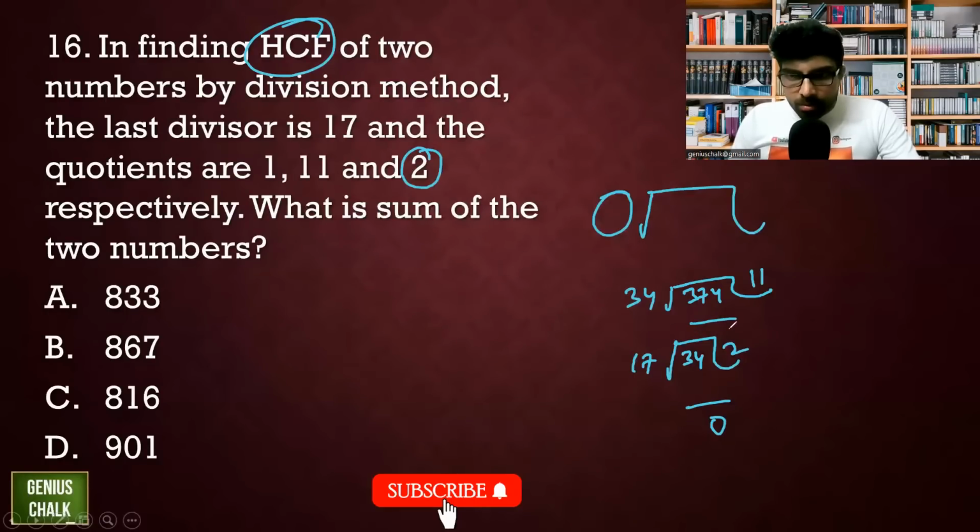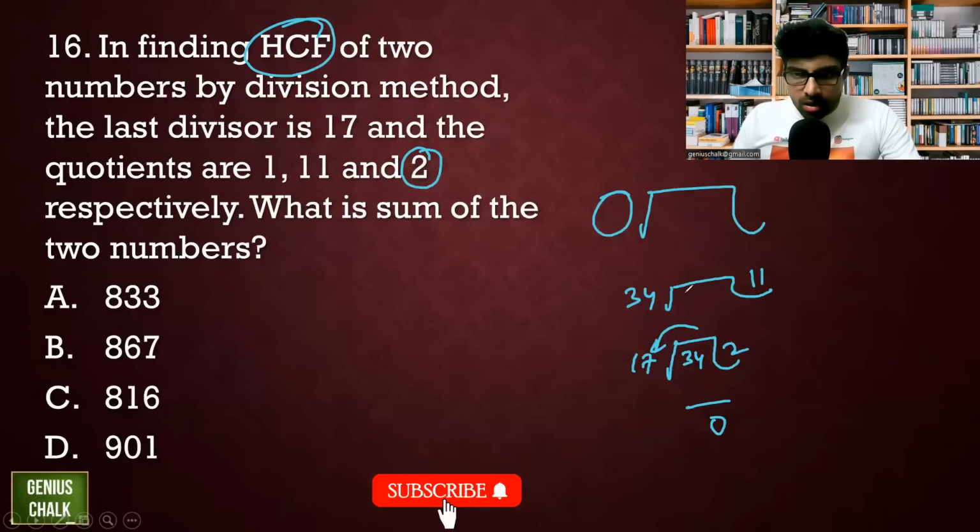Why 17? Because 17 is coming in the divisor next time, right? So now 374 plus 17 has to be 391. 7 plus 4 is 11, and 9. So this is 391. I hope you're getting my point.